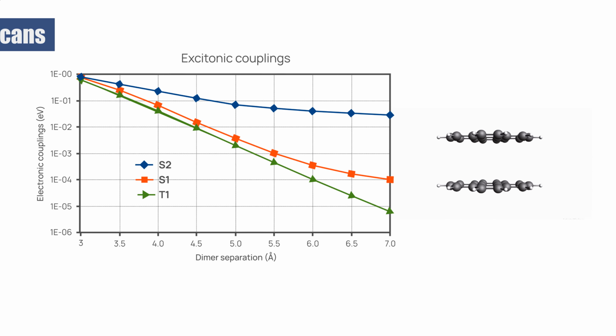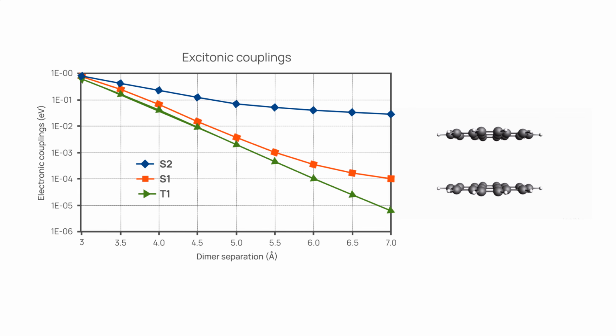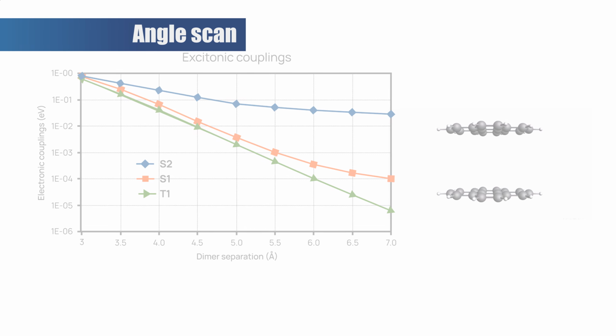Repeating the calculation at different distances shows how the transfer integrals decay as the molecules move apart. Results can be obtained for the lowest triplet state, as well as the dark and bright singlet states.